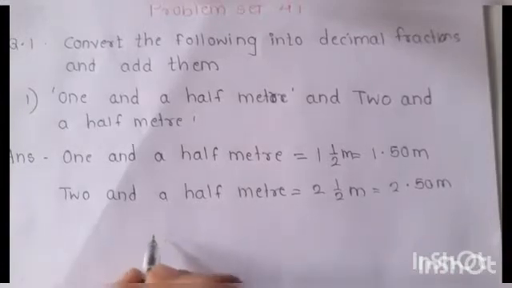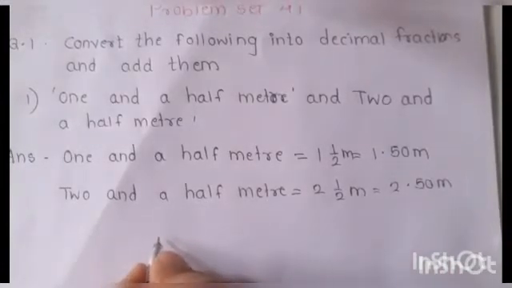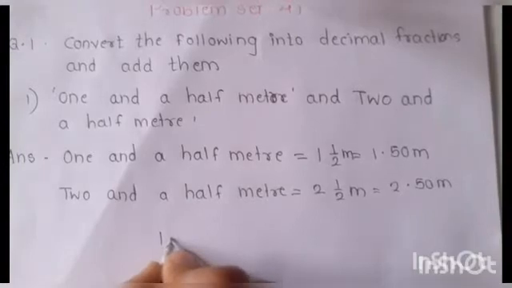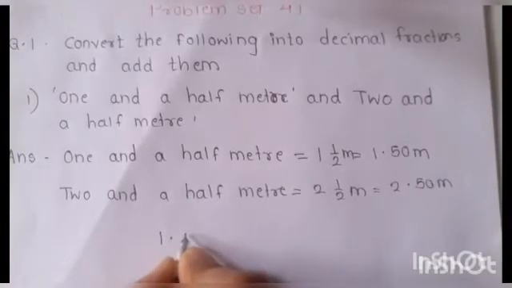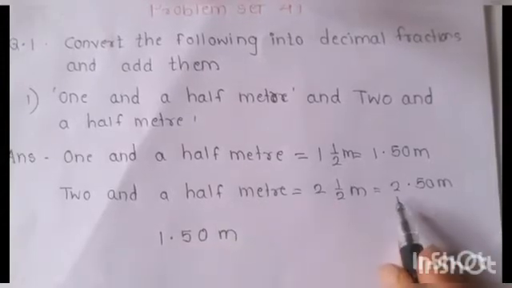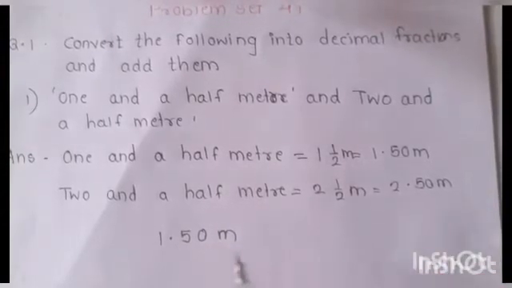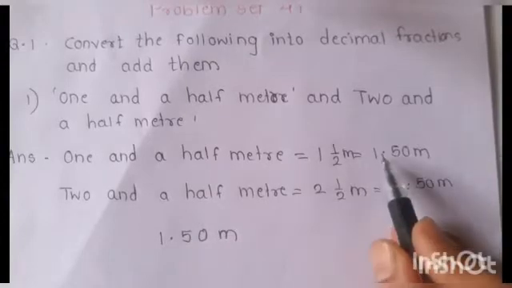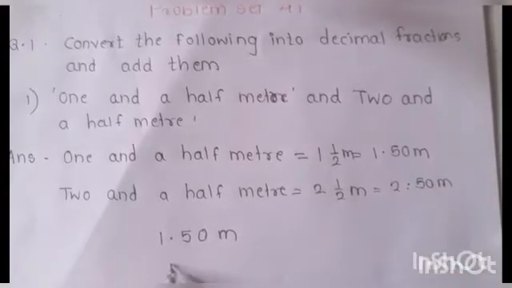Now we will add both these lengths. Keep in mind that point should come under the point. So 1.50 meter. Now add 2.50 meter. First keep point under point.